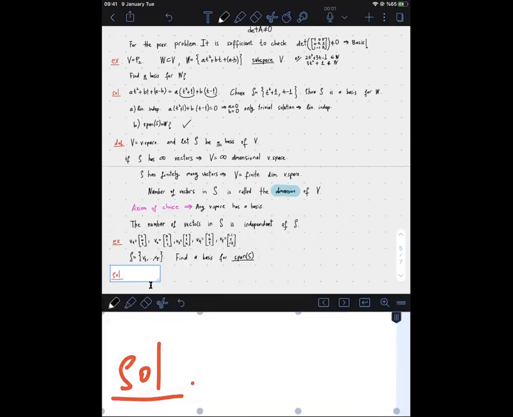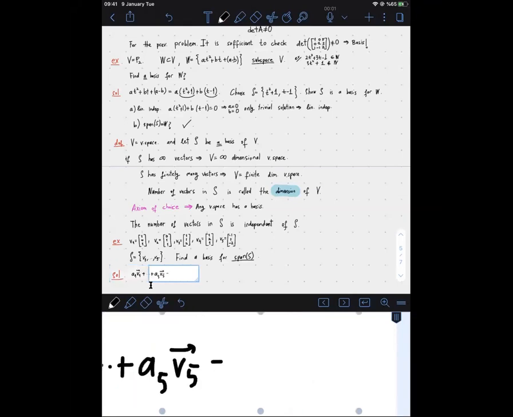Now our aim is to find redundant vectors in these 5 vectors. So what we do is we write a linear combination of these vectors, a1 v1 plus a2 v2, I don't want to write all of them, plus a5 v5 equals the 0 vector.